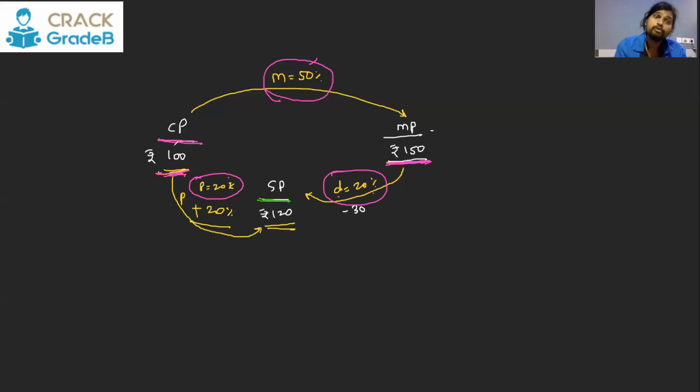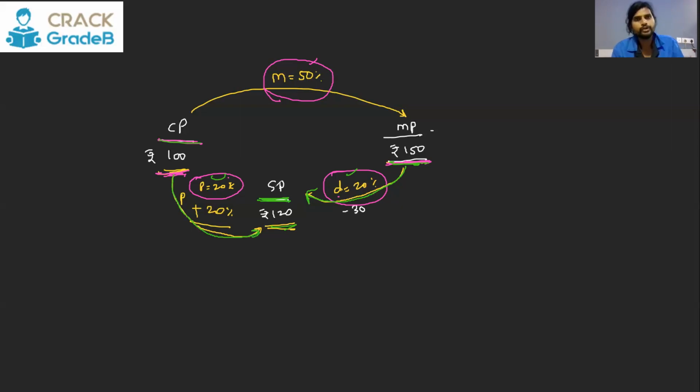That selling price from the cost price side is P% more. So you increase the cost price with P% and you arrive at the selling price. But the same selling price from the mark price side is D% less than the mark price. You decrease the mark price with D% and you arrive at the selling price.